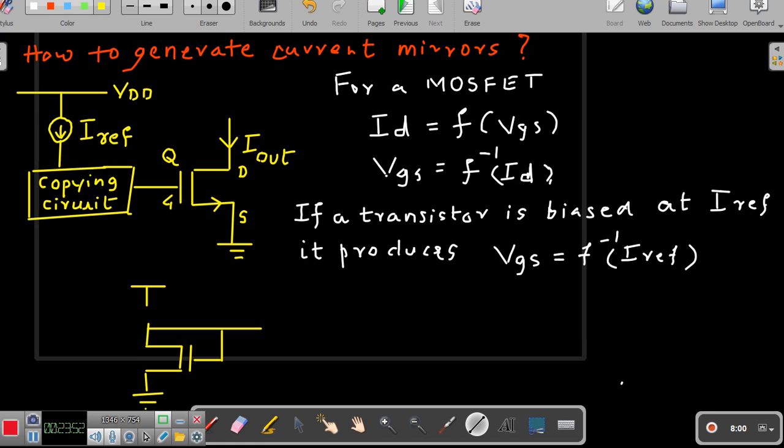I will tell you what exactly is the meaning of that. Now I have a current source here, which is I reference for me. Let me say that this is the transistor, say M, and here I will have f inverse of I reference.